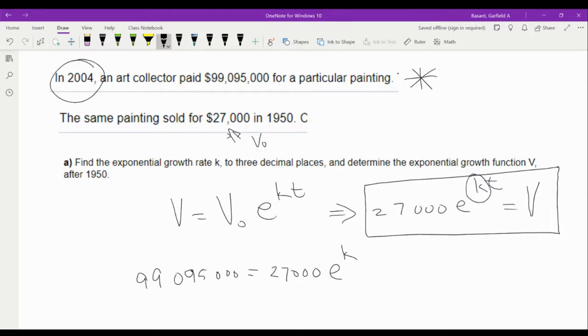So in 2004, what would t be equal to? And be careful, in 1950, t is equal to 0. That's the initial time, initial value. So in 2004, what would our t be equal to?